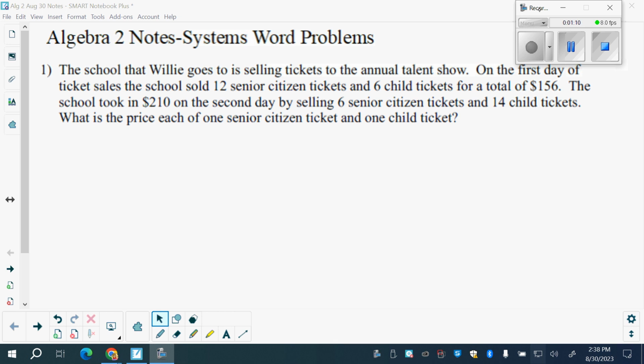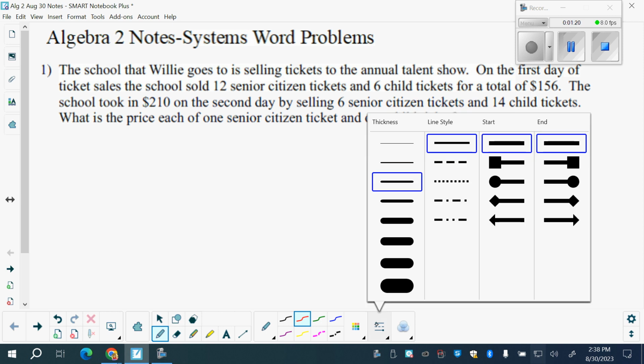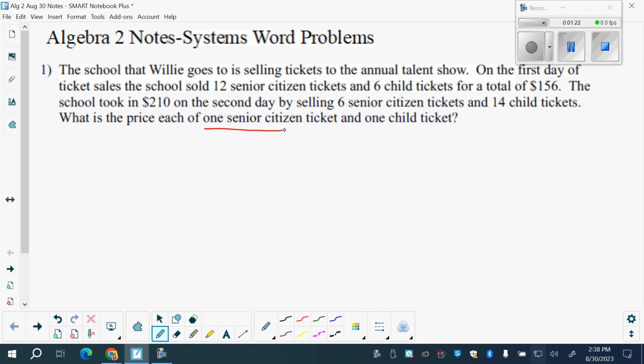Okay, so often that last sentence is your question and what you want to find. So we're going to find the price of a senior citizen ticket and then the price of a child ticket. So that's what we're going to define our variable. The first thing you want to do is define your variable. I find a lot of times students didn't define their variable, so they get confused about what they made their variable.